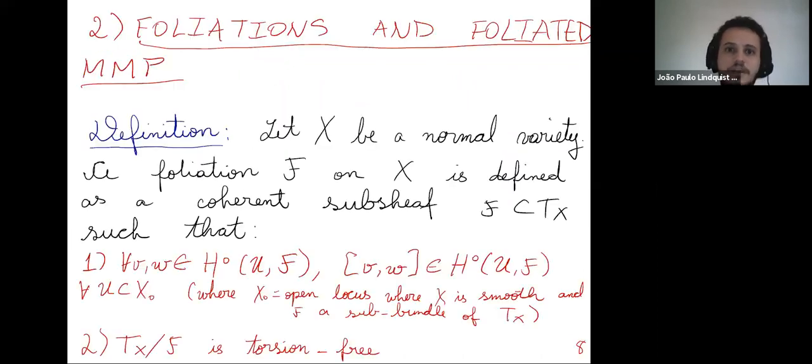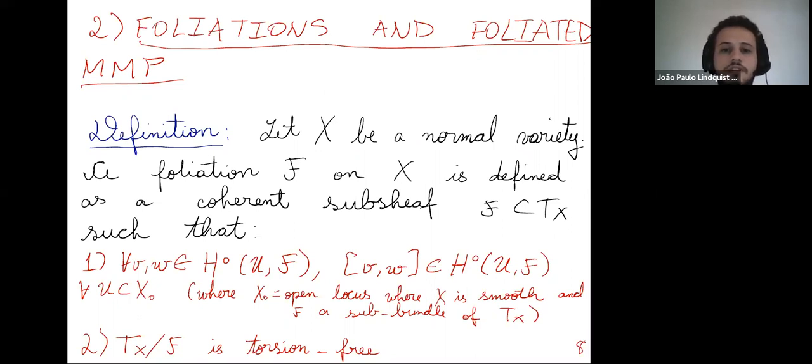So let's start with a formal definition of foliations, not only regular foliations, and I'll try to give the most general definition. Let X be a normal variety over the complex numbers. It doesn't have to be complex numbers, but I will just study this case.